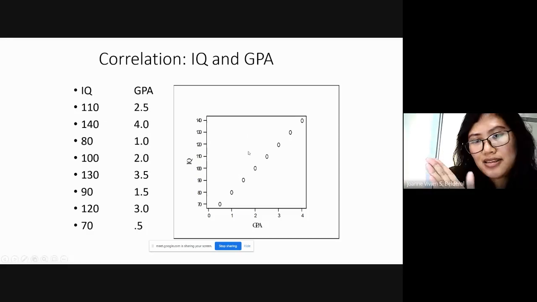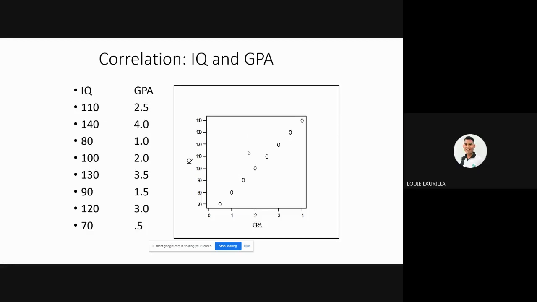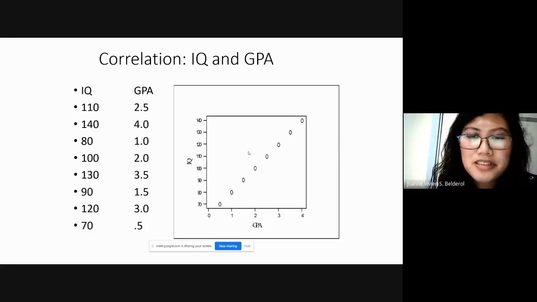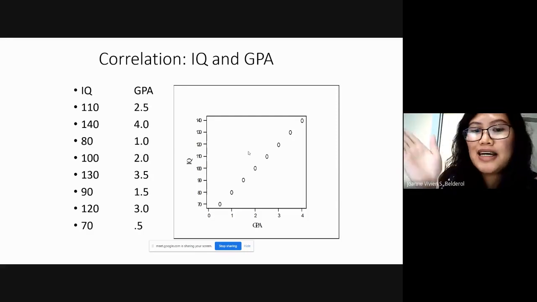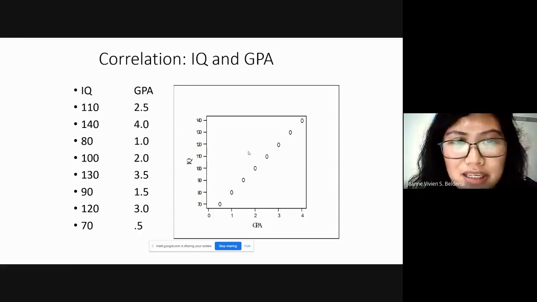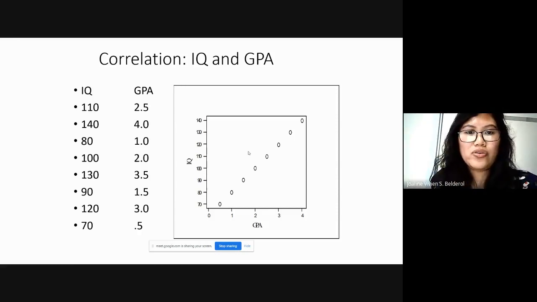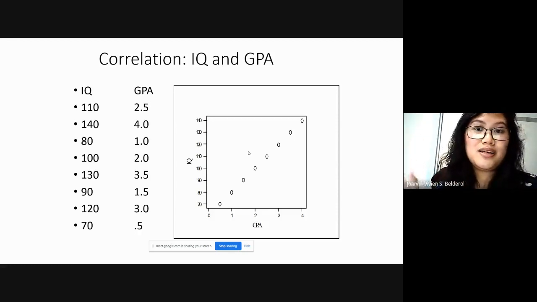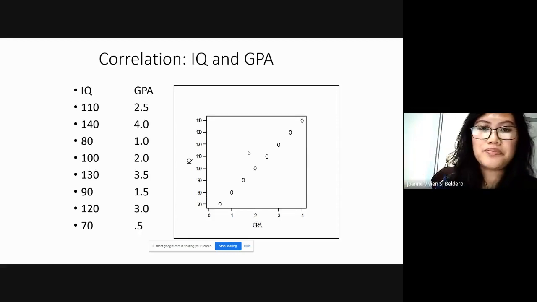Leaning to the right. Positive, correct. Leaning to the right means positive: if IQ increases, GPA increases, or if IQ decreases, GPA decreases.